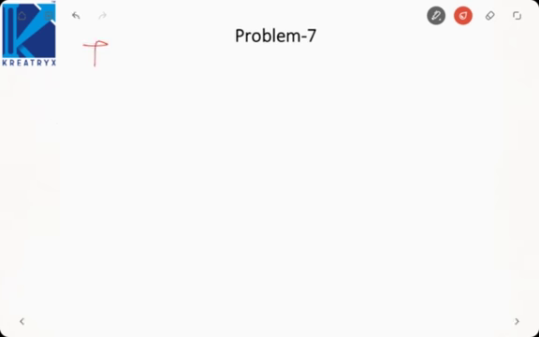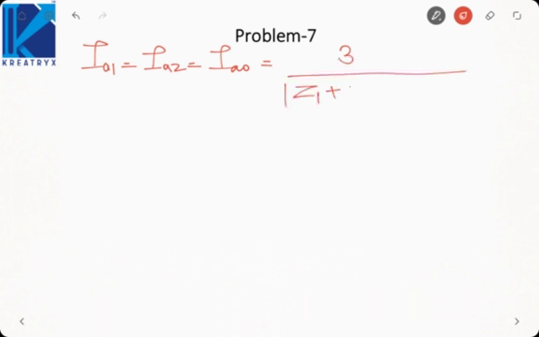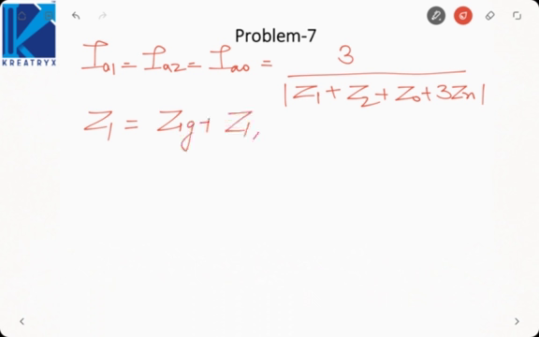For the case of SLG fault, IA1 is equal to IA2 is equal to IA0, which is equal to 3 by Z1 plus Z2 plus Z0 plus 3 Zn. Now Z1 for the system will be Z1 generator plus Z1 line.